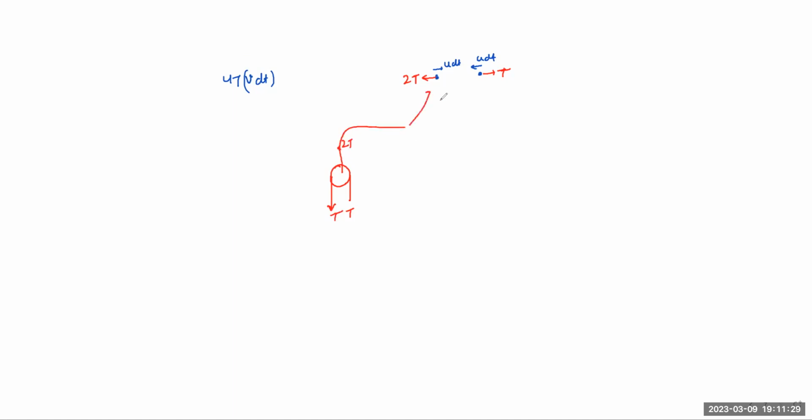Now just think of the work done by the forces. This is positive work: 4T v dt is positive, minus 2T u dt negative, minus T u dt, all are negative, right?